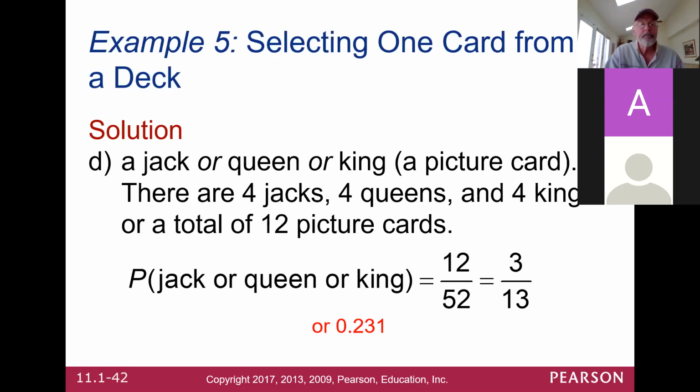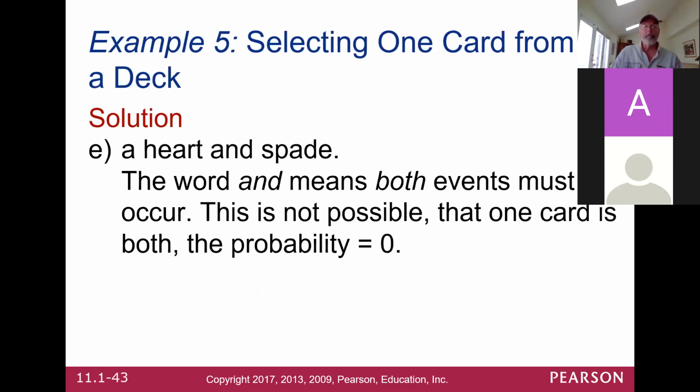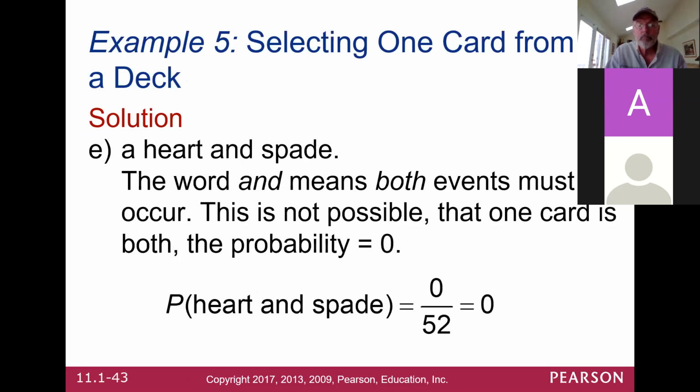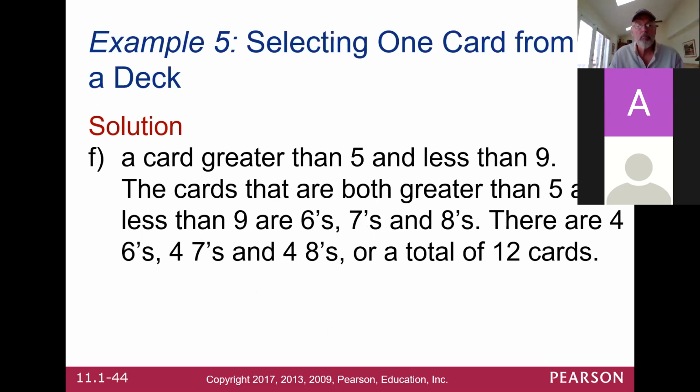Okay, the word "and" means both events occur at the same time, and a heart and a spade cannot be one of those cards, so that's a probability of 0. And we can start to think about the greater than 5 and less than 9.